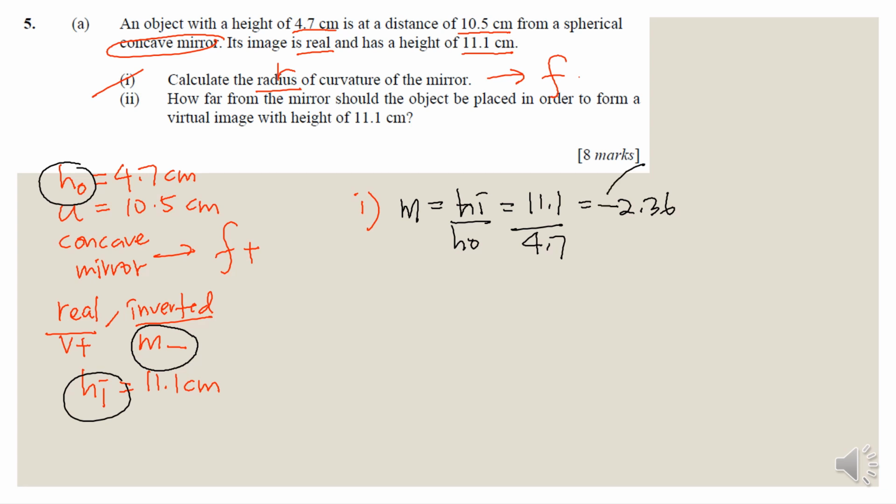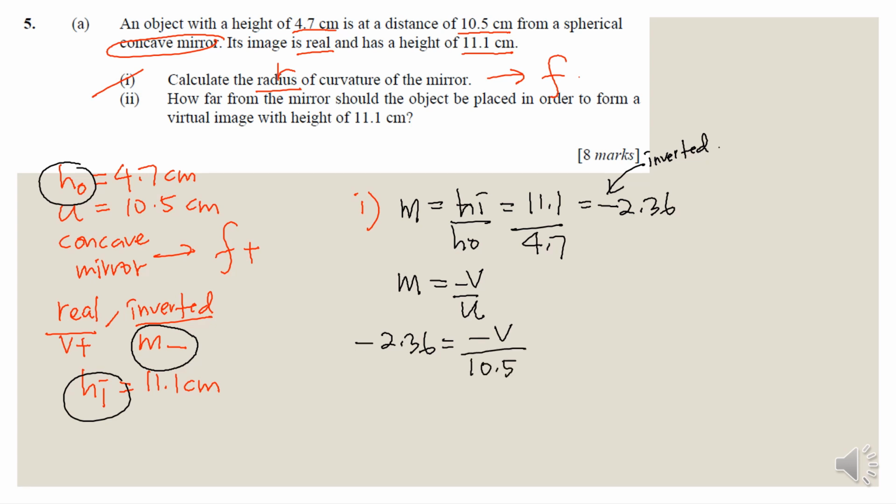So kita masukkan negatif dekat situ sebagai menunjukkan image itu mestilah inverted. Okay, so daripada sini kita kaitkan dengan V. M equal to negative V over U. Okay, kita masukkan M 2.36. V is nak cari, U is 10.5.